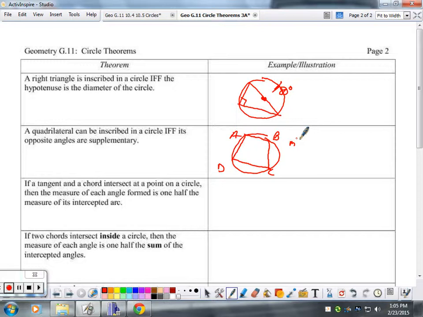So the measure of angle A plus the measure of angle C is going to be 180. Get opposites. And the measure of angle B plus the measure of angle D is also 180, supplementary. This plus this is 180, this plus this is 180.